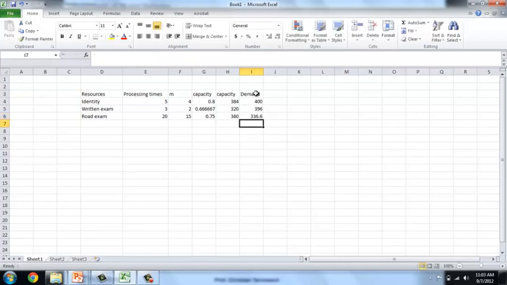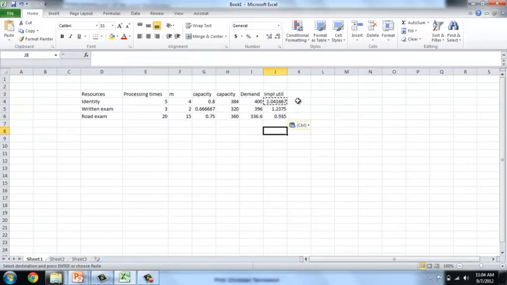Okay? And so that allows us now to compute an implied utilization. Remember the implied utilization as the ratio between demand and the capacity. And that is 104% here, 123% here, and 93% at the last step.